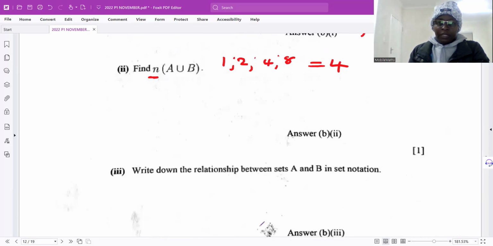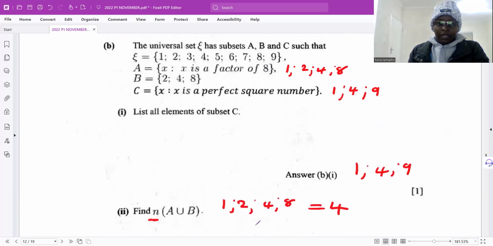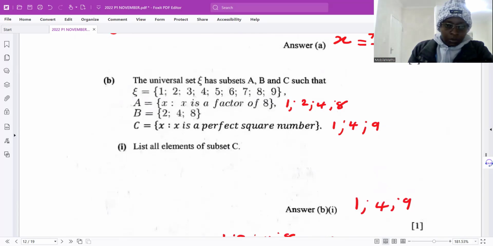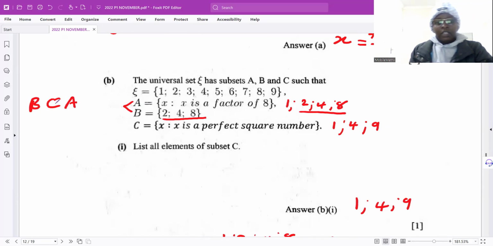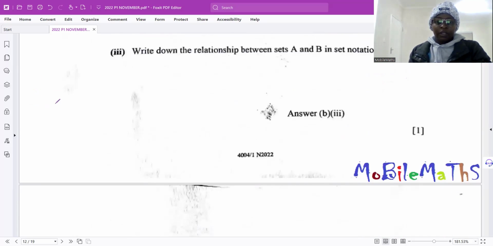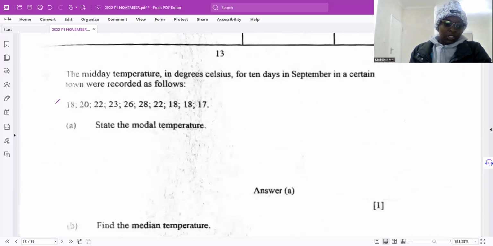Let's see our A and B. Their relationship, I think we can see B is inside A. So we can just say B is a subset of A, like that, okay? That's fine. Let's go to the next question, number 19.